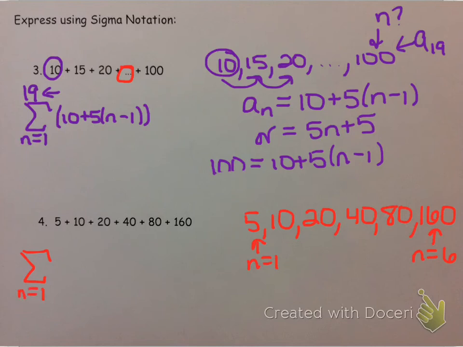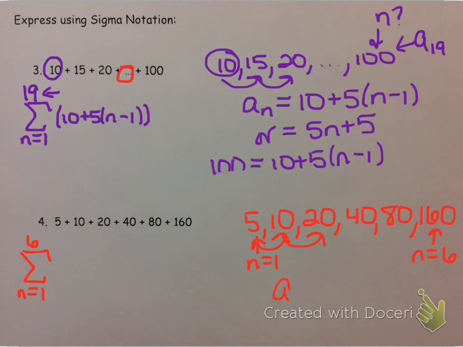We're going to start by plugging in 1 to the equation for our pattern, and we're going to end by plugging in 6. And then we just need to figure out what is the equation for the pattern. Okay, so this time we can tell that we're multiplying by 2 between every 2 terms here, which makes it exponential or geometric.